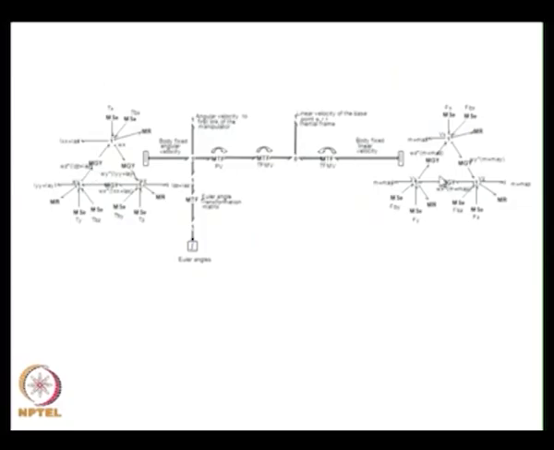Some of the elements are not familiar to you, like these vector bonds, because we have a 3-dimensional representation, or the robot has 6 degrees of freedom motion. So we need to represent parameters like angular velocity and linear velocity in 3 directions. If you want to represent that, we need to go for vector bonds, and with vector bonds you will get this kind of bond graph for the robot, and we can simulate it and find out what the responses will be.